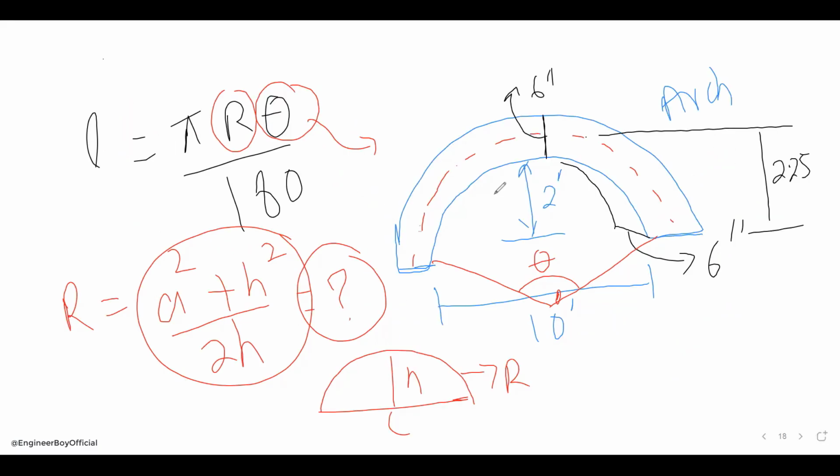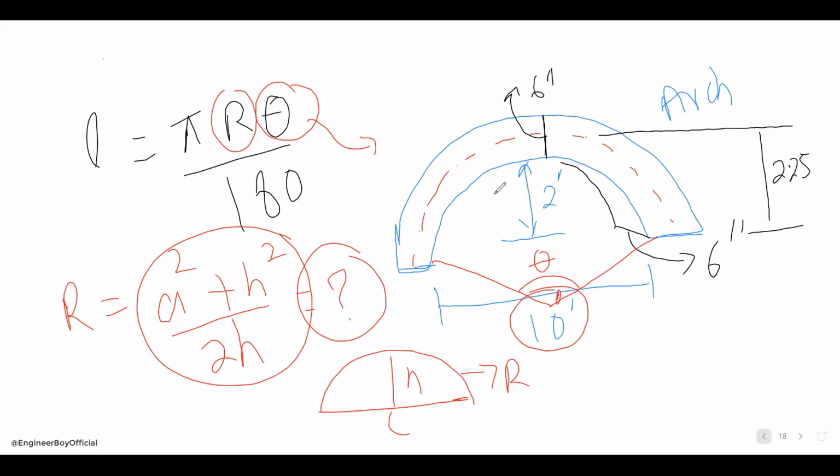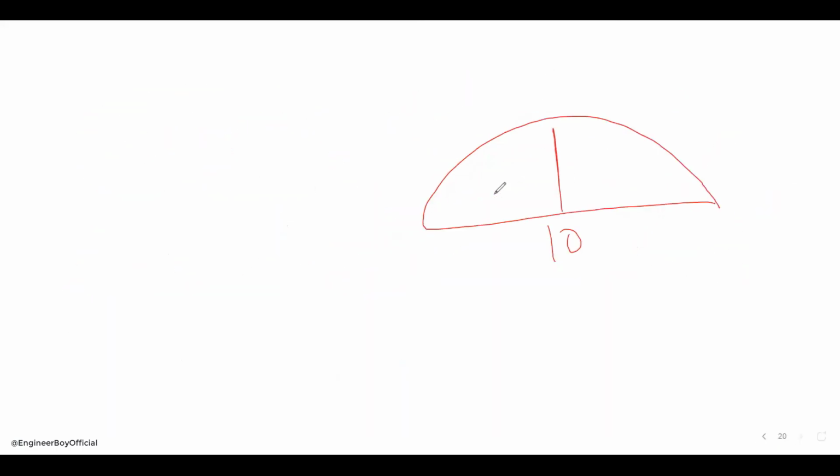So if we have the radius, then of course we can determine the theta, and that is very easy. As you can see, we have the chord that is known, which is 10 feet. I think I should do that separately. If we have something like this, the chord is 10, and the height that is known, if I have not forgotten, is just 2. Now the radius is unknown, let's say question mark.